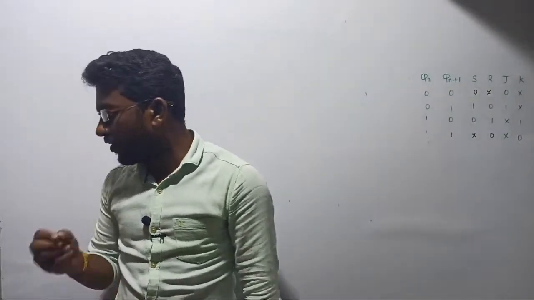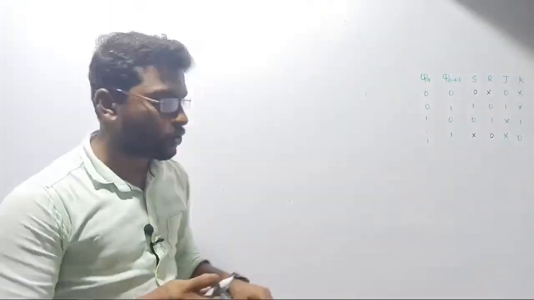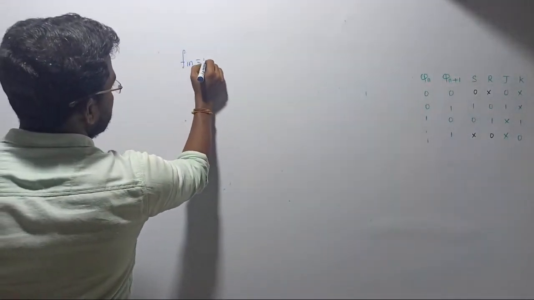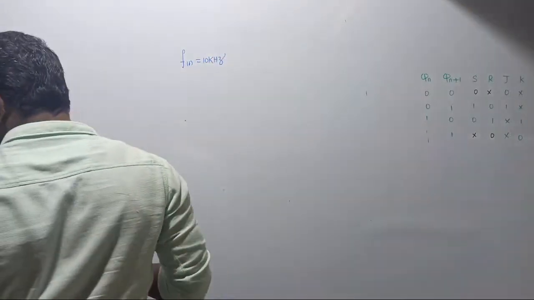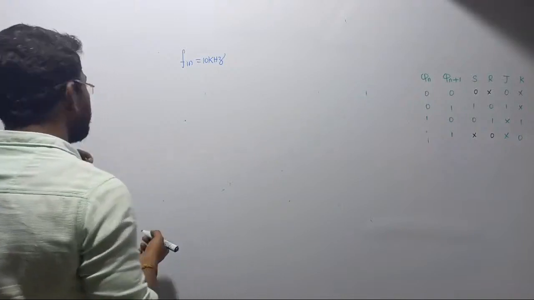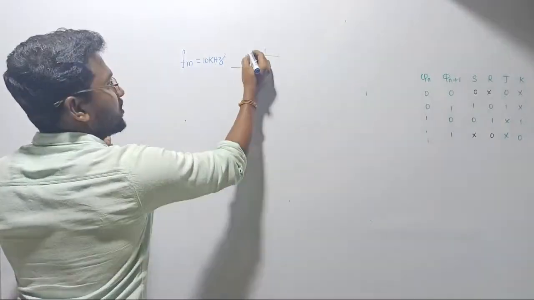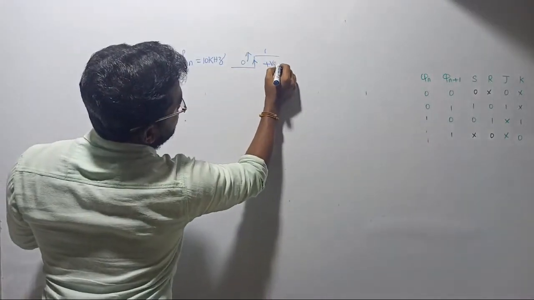Let us take the question. The frequency of the clock signal applied to the rising edge triggered D flip-flop, as shown in the figure, is 10 kilohertz. It means the input frequency is given as 10 kilohertz. Rising edge triggered means going from 0 to 1, so they are indirectly talking about positive edge triggering.